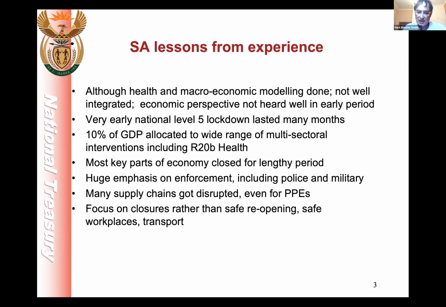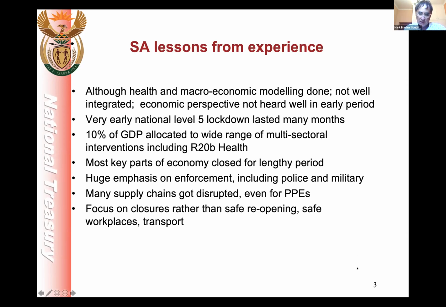Around 286,000 people were arrested. Many supply chains got disrupted. Even getting PPEs into the country became more difficult because the economy and the supply chains were so disrupted. And the whole initial few months focused more on closures rather than how to reopen safely, or how to make workplaces safe, or how to transport things safely.